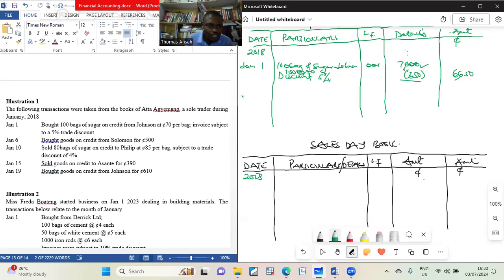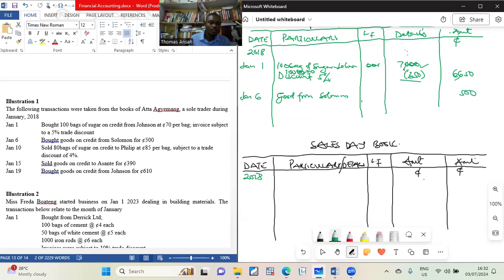You just come to the next date of purchases, which is January 6th. They bought goods from Solomon. They said 500. This one is not per or anything, so it's straight 500.